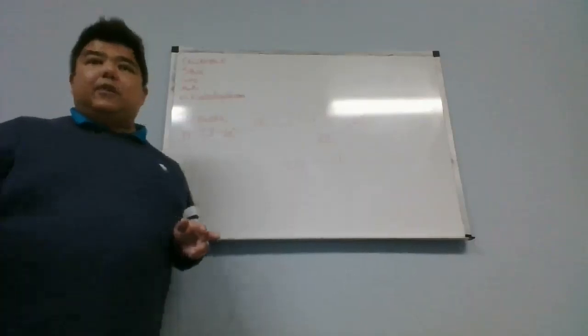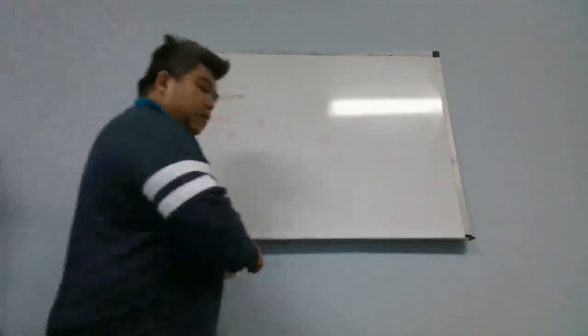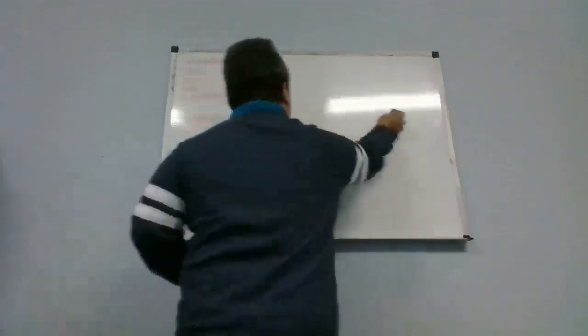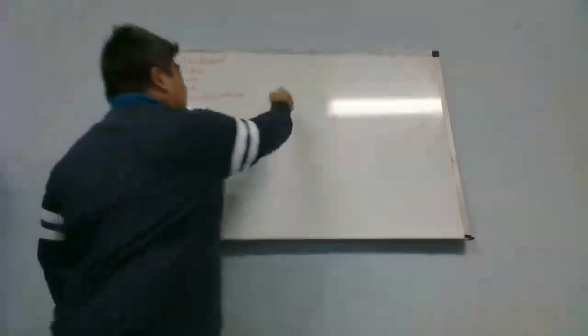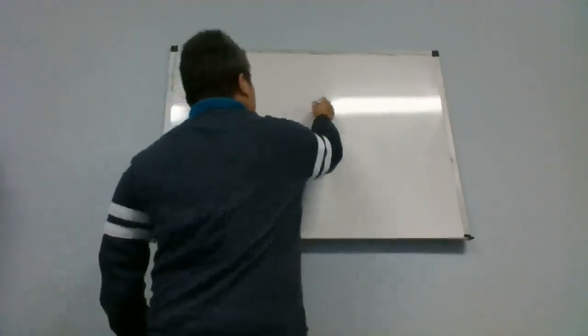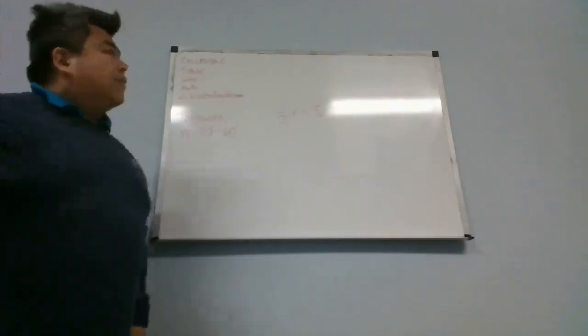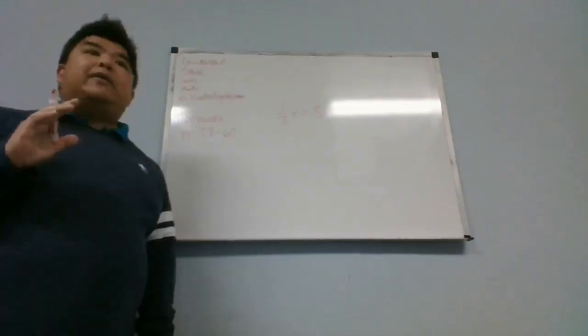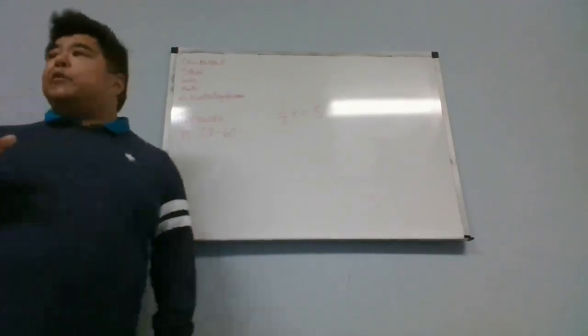I didn't get it. Okay, let me write this problem out here. Slow down, guys. So this is 1/3 times x equals 8. The way you clear the denominator here is do the opposite of what you see.